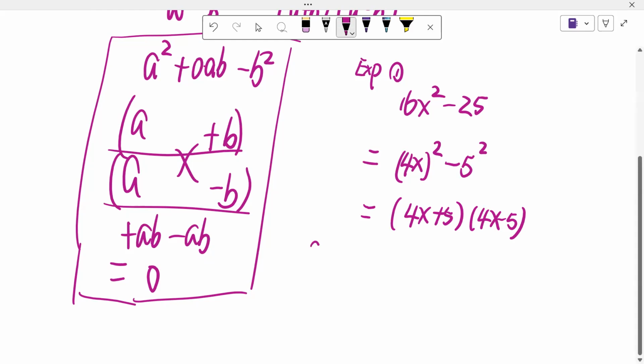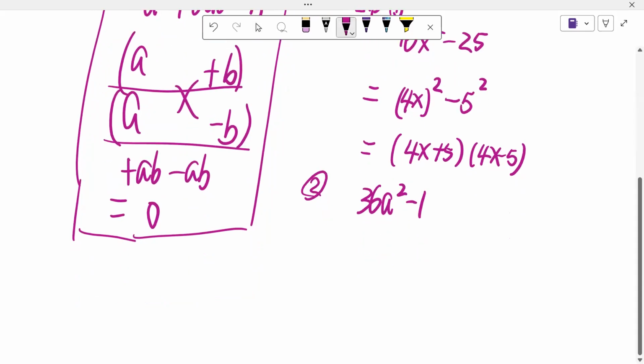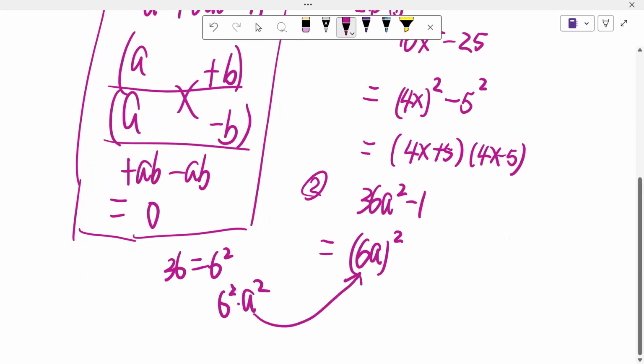And the second one, let's say we have something like 36a squared minus 1. Again, we're going to turn it into (6a) squared, because 36 equals 6 squared. So 6 squared times a squared, we move the exponent outside, and we get (6a) squared minus 1 squared.